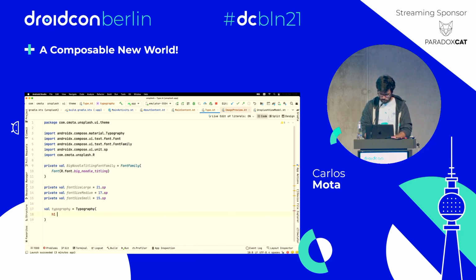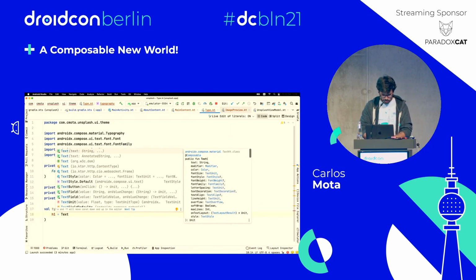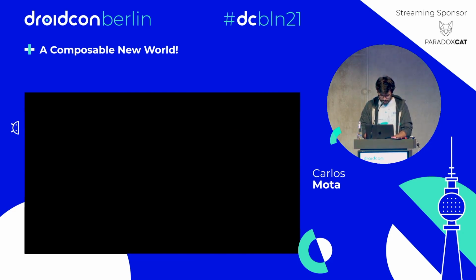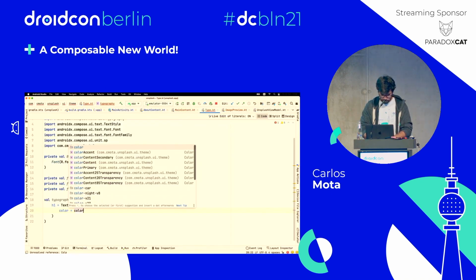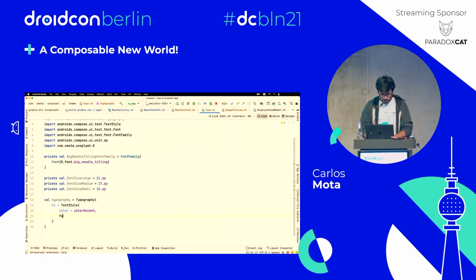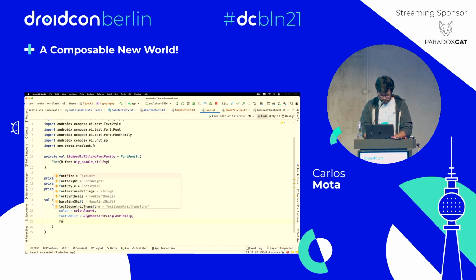So I'm going to go with H1, create a text style. And I'm going to say that the color is the color accent. And the font family is the font family that I've just created, so it's going to be Big Noodle font family. The font weight, in this case, is going to be bold.